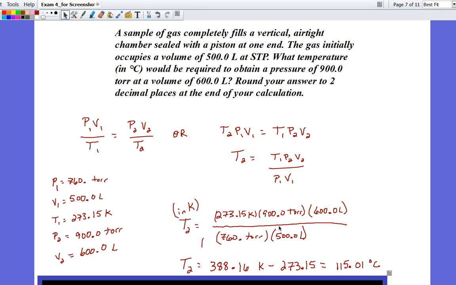For the original, I went ahead and used torr because of the other pressure being in torr. So I used STP, so standard pressure, 760 torr, and then the original volume was given as 500 liters. And you get 115.01.